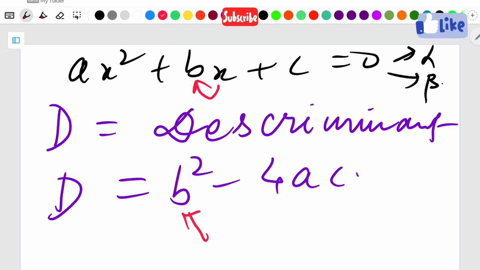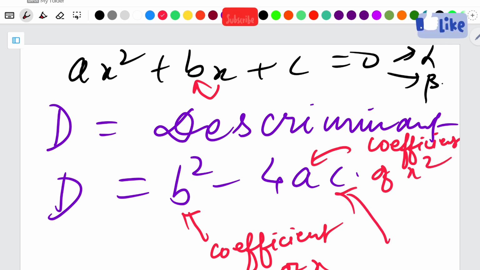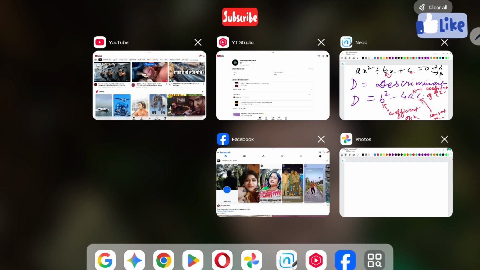Coefficient of x. A is what? Coefficient of x square. C is what? Constant term. So we have all the information for b square minus 4ac. That means we can find out the value of d, isn't it? Now let us consider the value of d.